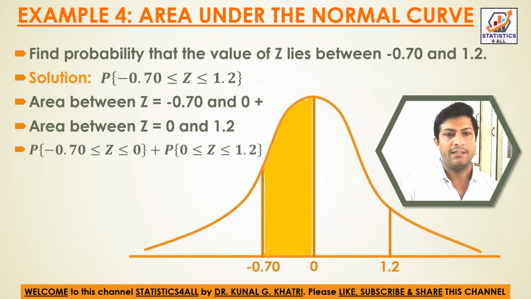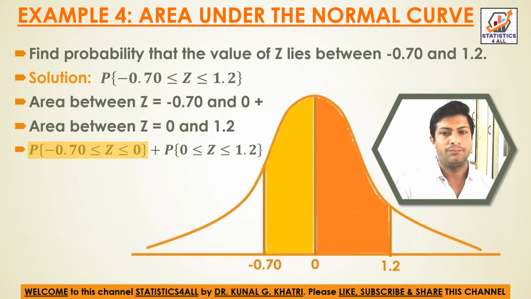The yellow shaded area is minus 0.70 to 0, and the orange area is 0 to 1.2.